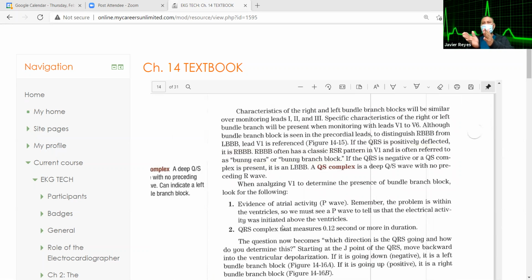It's supposed to go down the left and right uninterrupted without a problem, yet there's a blockage, let's say, on the left bundle branch. So where is the electricity going to go through? Well, it's going to depolarize the right ventricle first and then the left ventricle. So you're going to see a prolonged QRS. Remember the wide QRS? That tells you that there's a bundle branch block.